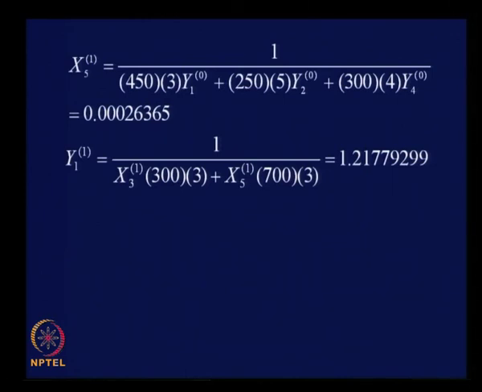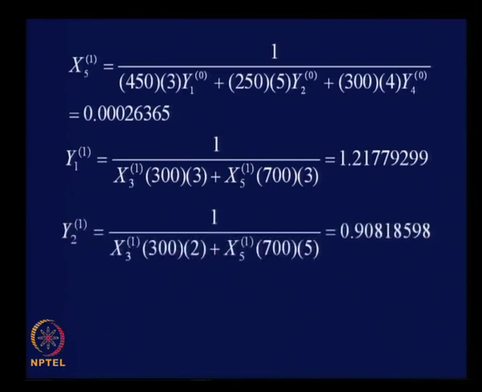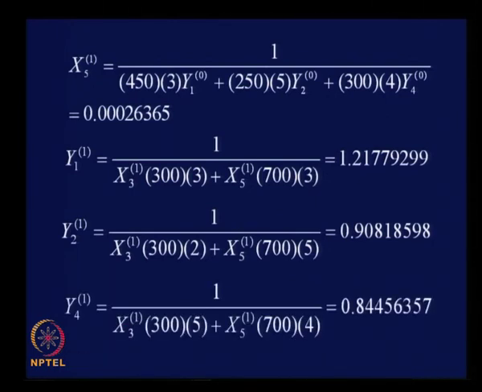So we can use that current value here, x31, then the corresponding production and then the distance, plus x51 into 700 into 3, and you get a value of y1 to be 1.21779299, and y21 on the same lines we get the value to be 0.908185898, and then y41 0.8445637. Clear?